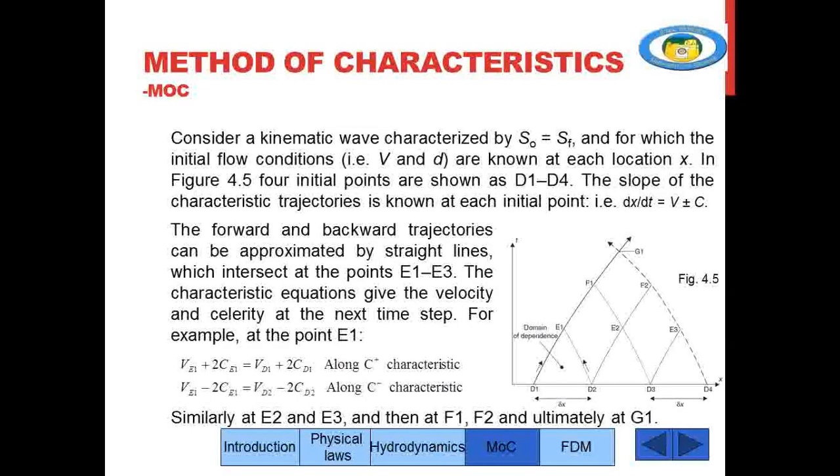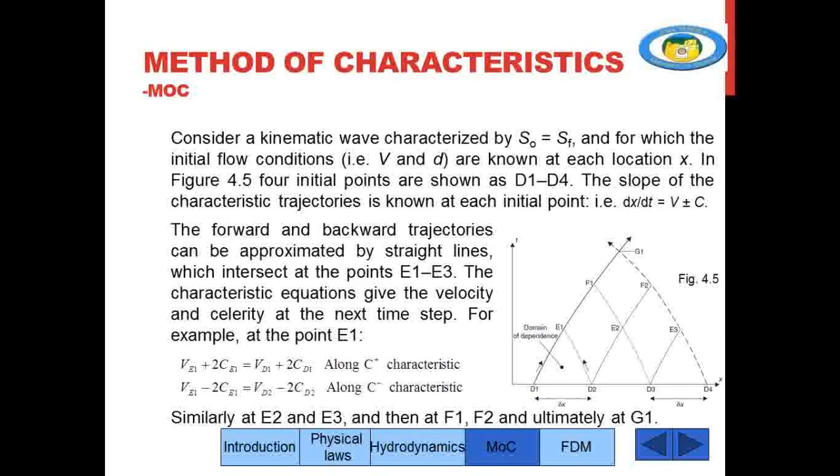Now, similarly, you can find the values at E2, E3. Once you obtain the values at E1, E2, E3, then we know the characteristics trajectories or directions. Graphically, you can put that if you wish. The point where they join from E1 and E2 will meet at F1.